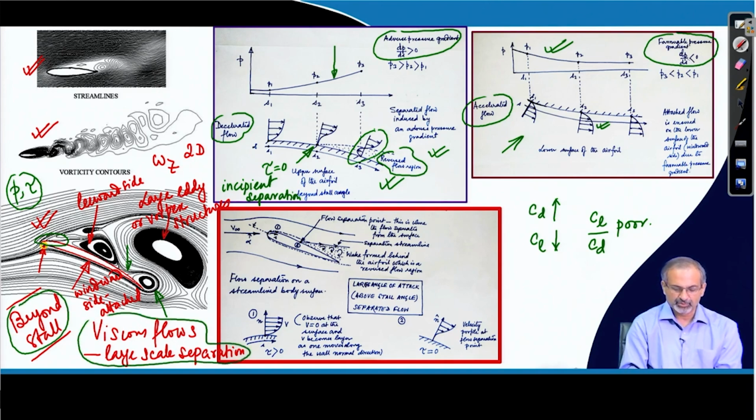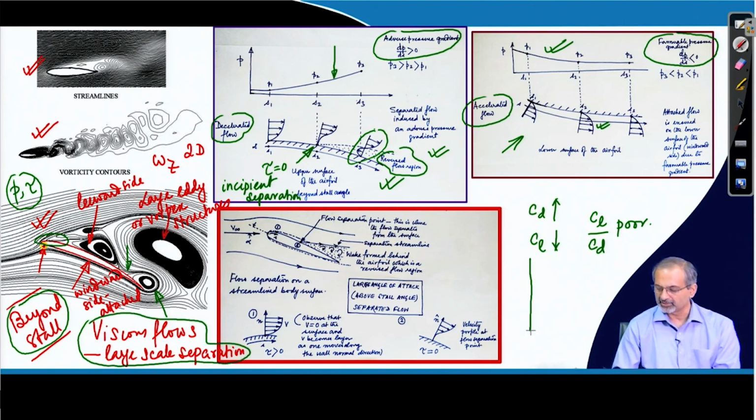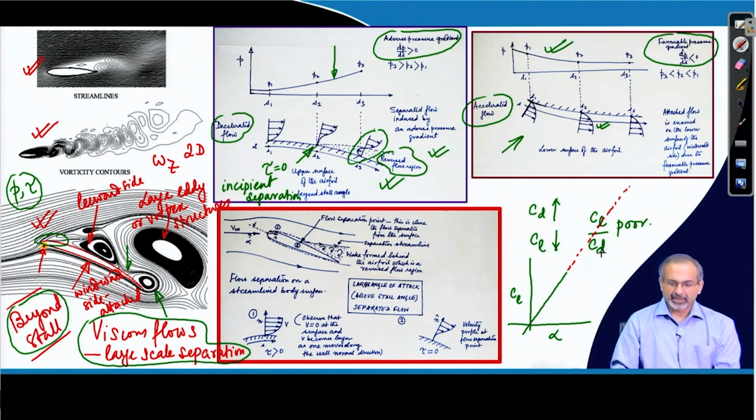If you were to use the thin airfoil theory, for example, what would be the consequence? Let us try to plot the CL alpha curve with thin airfoil theory. The thin airfoil theory predicts that the CL alpha curve goes on perpetually. The more you increase your alpha, the more the CL, but that never happens for a practical flow.